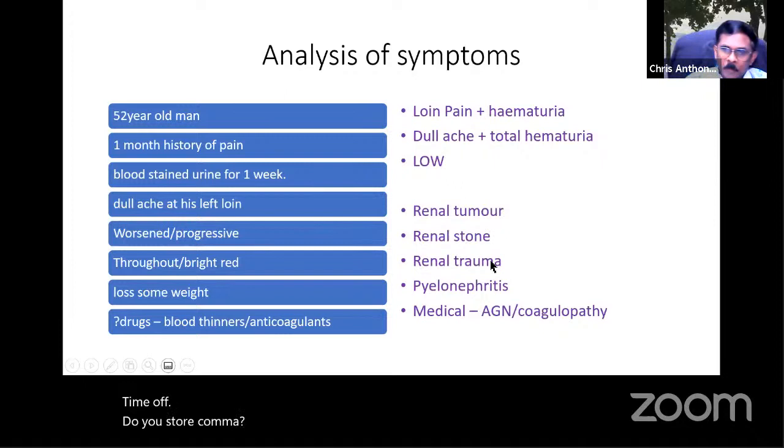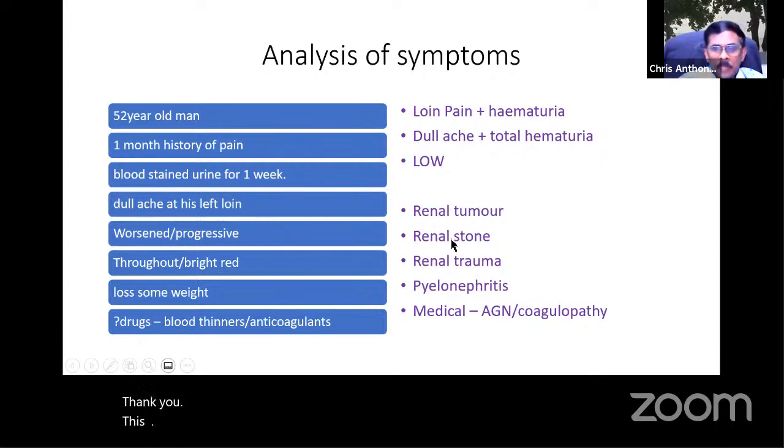And renal trauma, but in the history we are not told whether there is any trauma. Pyelonephritis, but this is unlikely because there is no pain on micturition and also no fever. And then medical conditions: acute glomerulonephritis, coagulopathy due to blood thinners. So these are the possible causes from the symptoms.